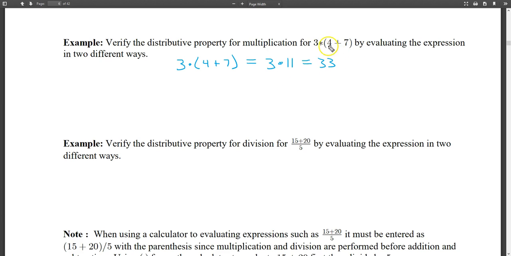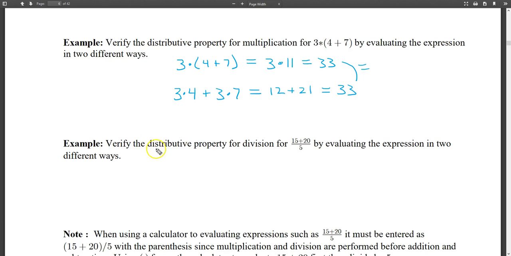If you distribute the 3 to the 4 and the 7, this is going to be 12 plus 21, and of course that is 33, and we see that these are equal to each other.